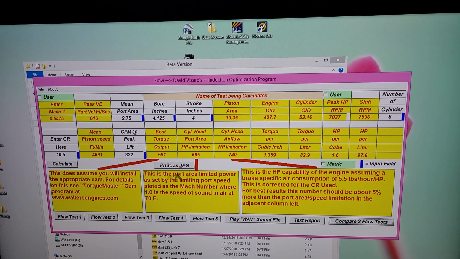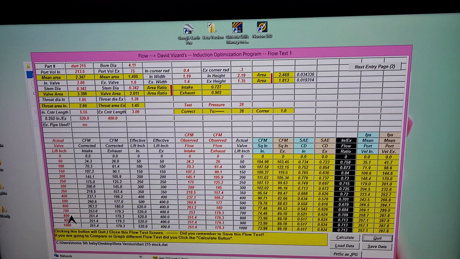So, what I felt like doing was comparing a bone stock Dart 215. The things that you have to input: port volume, intake valve size, intake stem diameter, throat diameter, the length of the port.